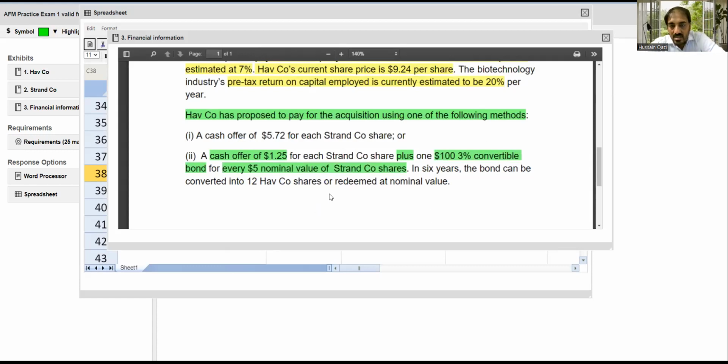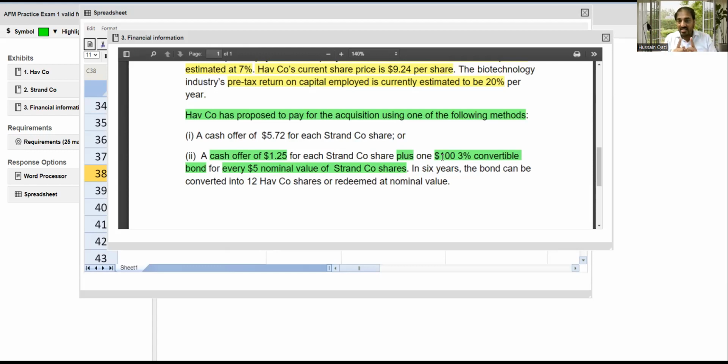If I ask how many shares are attached to the convertible for every $5, ignore the 12 convertible for now. The convertible debt has a value of $100 for every $5 nominal value of shares, so the number of shares attached to the convertible bond is $100 divided by 5, that's 20 shares.